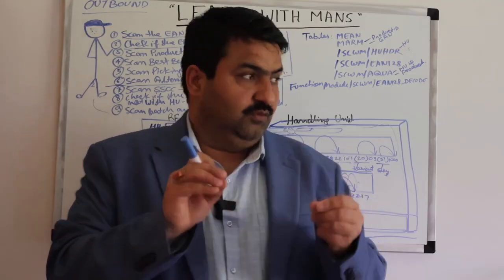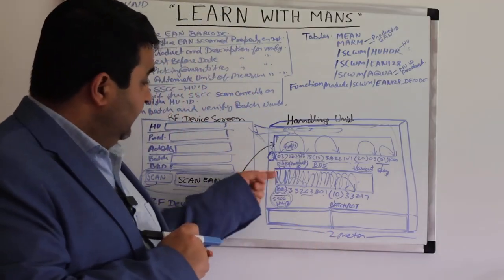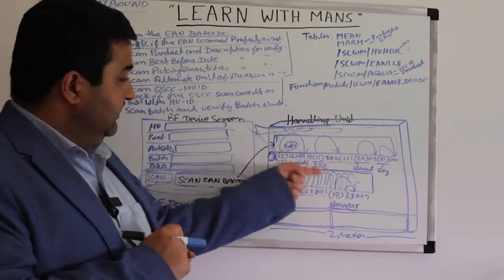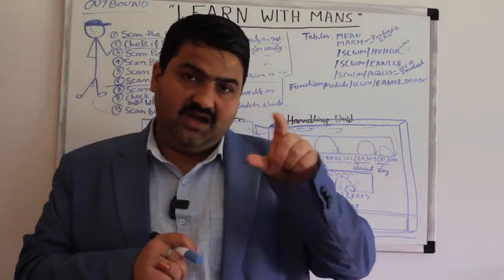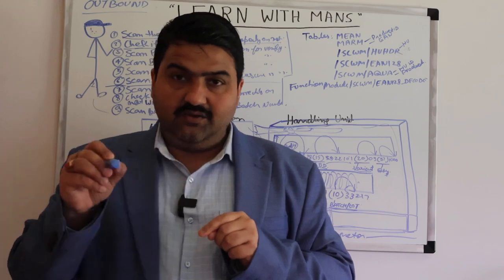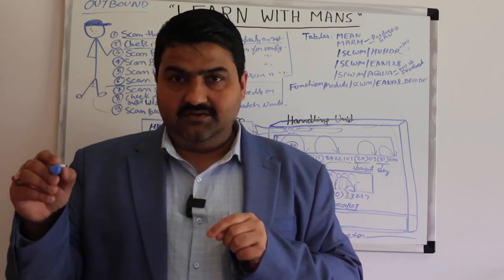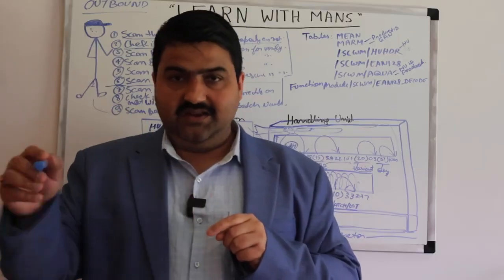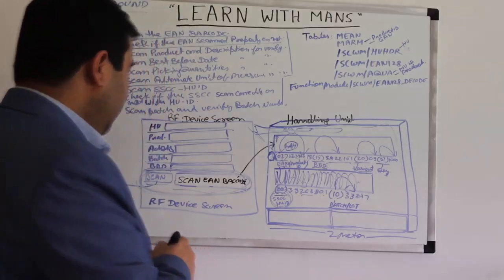Or instead of this EAN barcode, he will scan the SSCC HUID, this barcode. Then the system should immediately send a message on the RF screen: invalid barcode scanned. Okay, and then scan again. Like this, the message could be customized as per the business requirement.